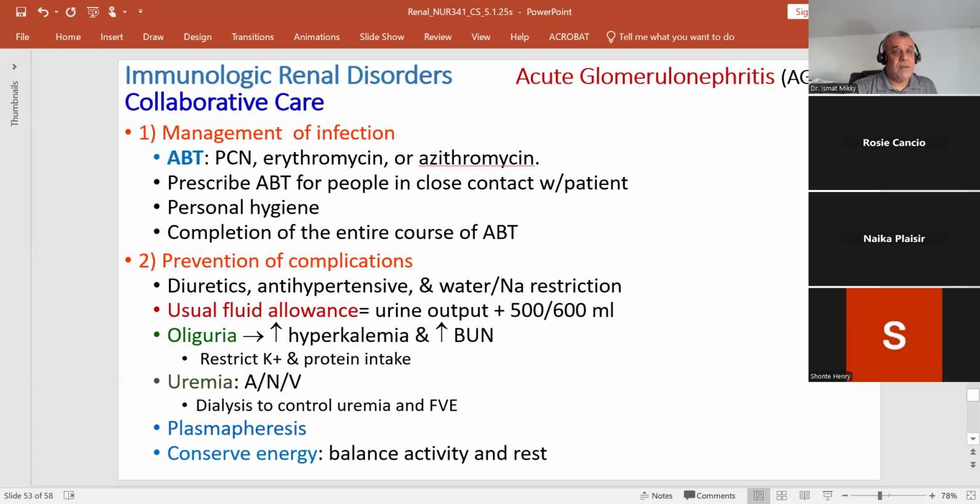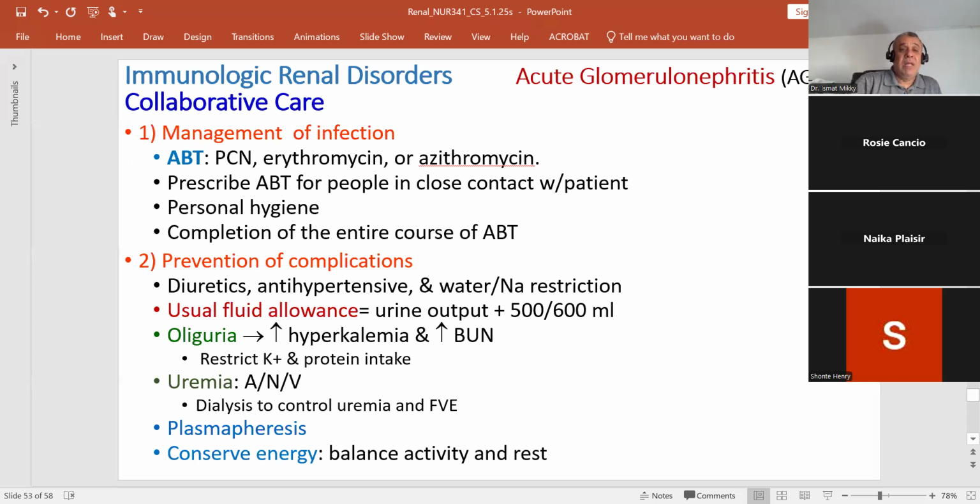So collaborative management of antibiotics, and to prevent the complications, the fluid allowance is urine output plus 500. This is the equation, the mechanism that we adopted in terms of fluid restrictions.